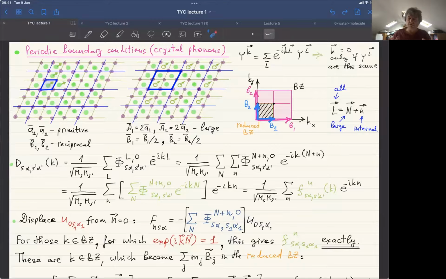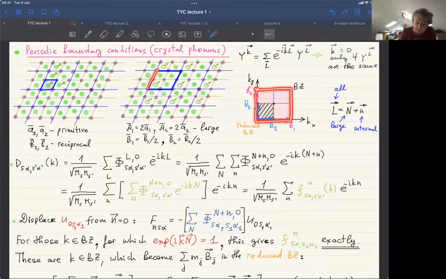If I would like to have access to other phonons at other K points, I have to increase my unit cell. I have to enlarge my unit cell. In that case, I have access to phonons at different K points as well. Let's look at this in a bit more detail. So if I have a primitive unit cell, my Brillouin zone is like this.